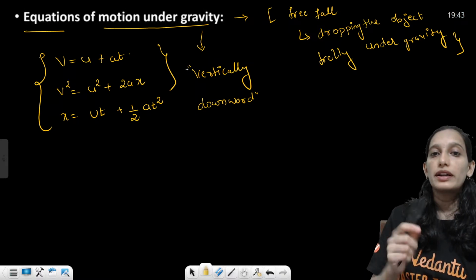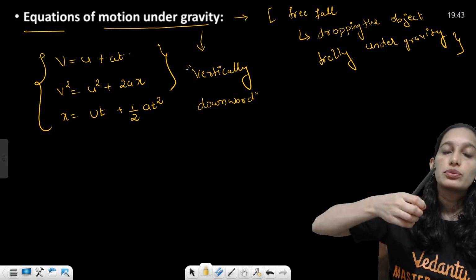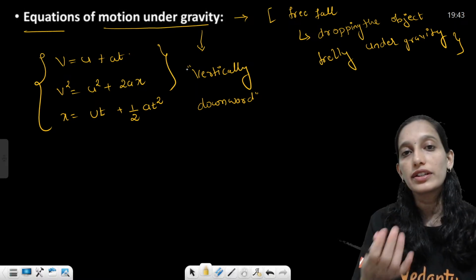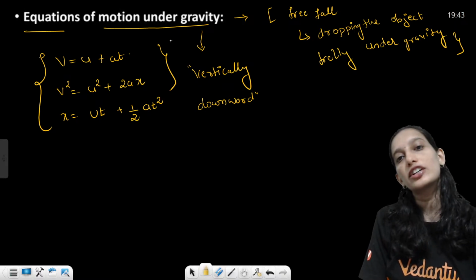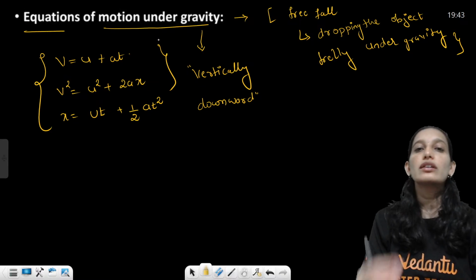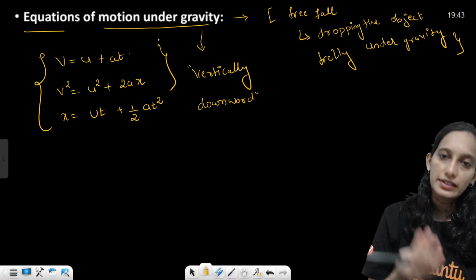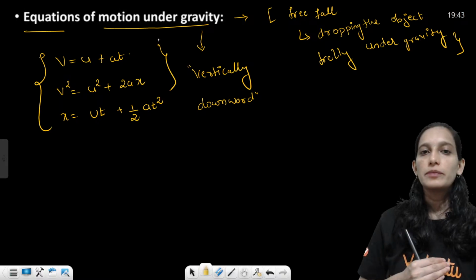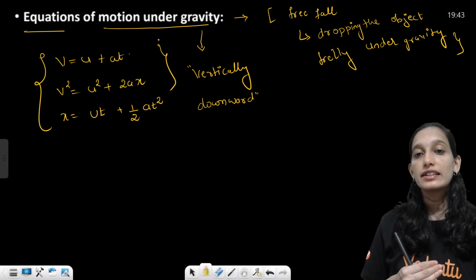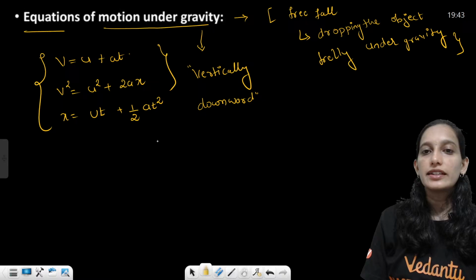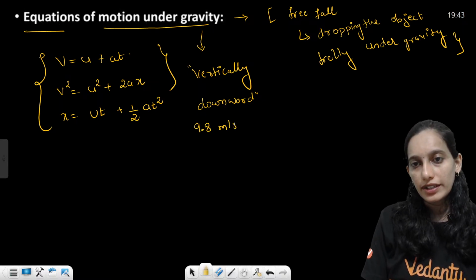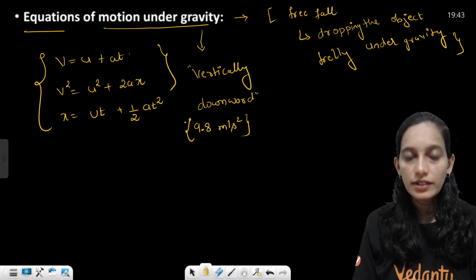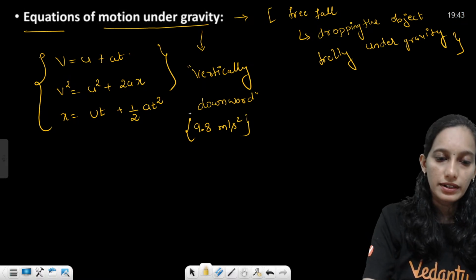That was observed by Galileo, and that's what we call the acceleration gained by the body because of the earth's gravity. We call it acceleration due to gravity, and it has a magnitude of 9.8 meter per second square.